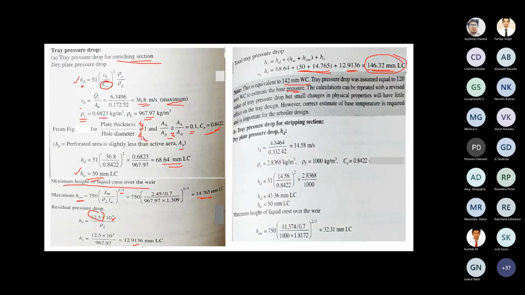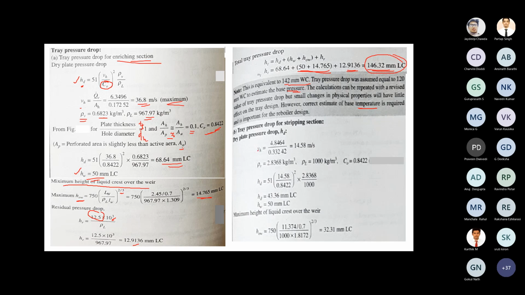As per this calculation it's 142 mm, but we have used 120 mm. So the calculations should be repeated, because the physical properties are different for this point. So this is the way. For this pressure drop, you have to calculate the base temperature accordingly.